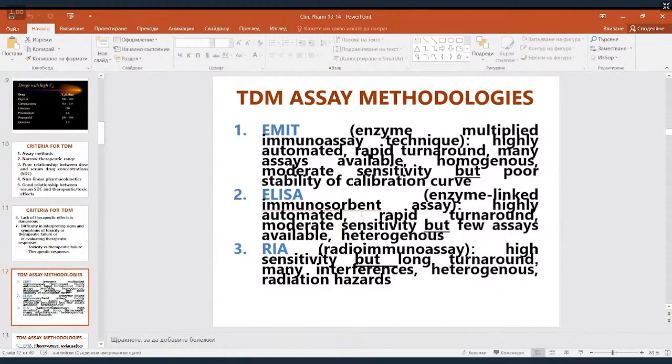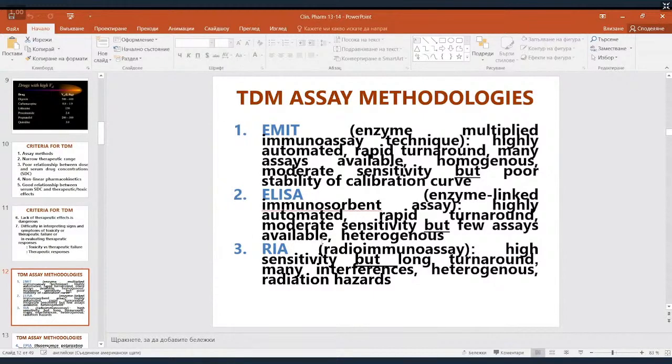You don't need to do anything besides just getting the samples of plasma or blood, and it has relatively quick turnaround, but it is not very sensitive. It is of moderate sensitivity, so it is not one of the most sensitive methods, unlike the RIA, which is a radioimmunoassay method, which has a high sensitivity, but it has a long turnaround. It can have many interferences, and also it includes radiation.